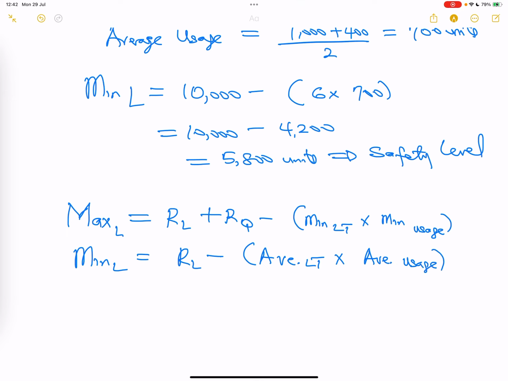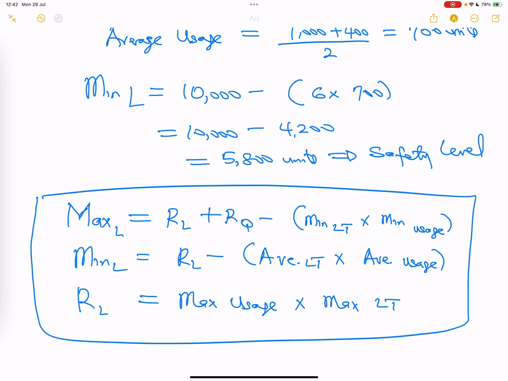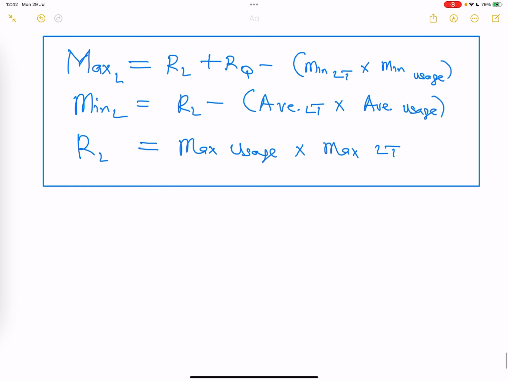You need to know this formula. And the reorder level is the one that is the easiest and slightly looking different. That's max usage multiplied by max lead time. Yeah, I remember these formulas can be interestingly confusing. However, that was why I took my time to explain to you, such that you don't have to mix it up. Once you understand it, it's easier to understand the formula, and to memorize is also easy.